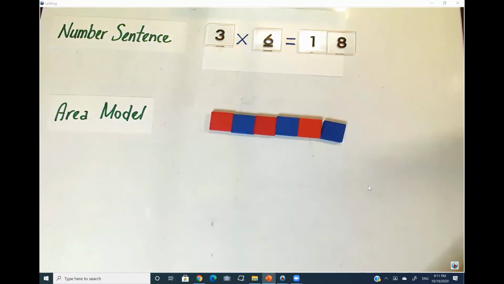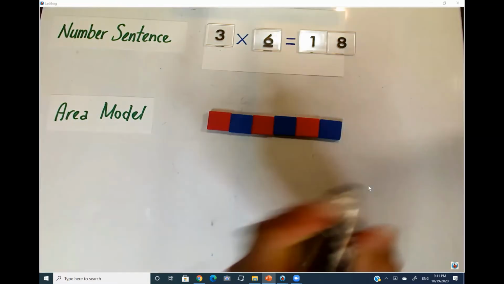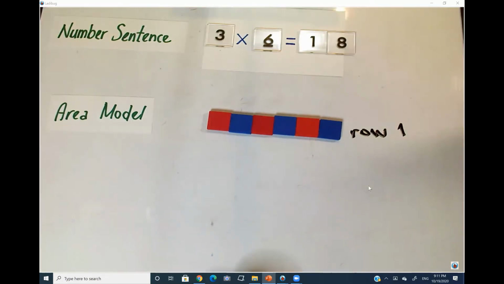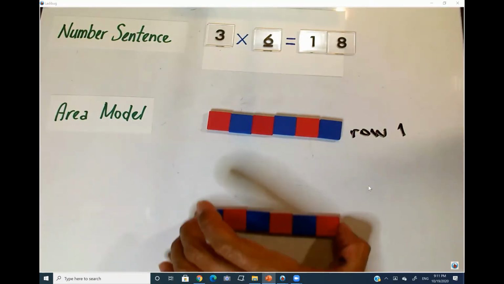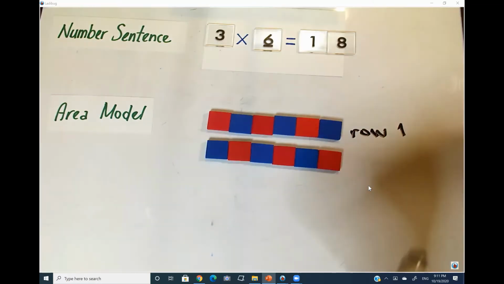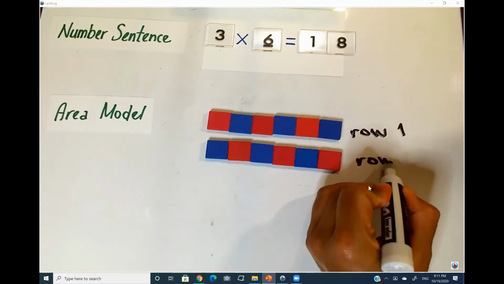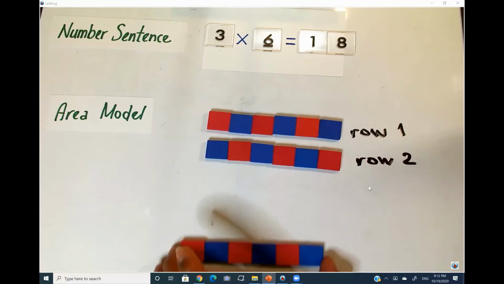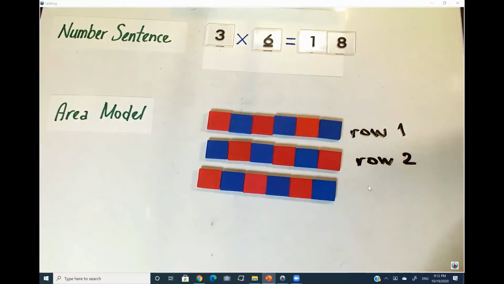So let's write it down. Row number 1. Then we'll bring the second row, row number 2. And the last row, row number 3.